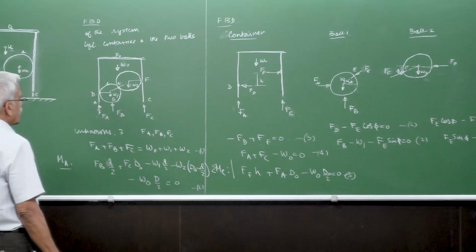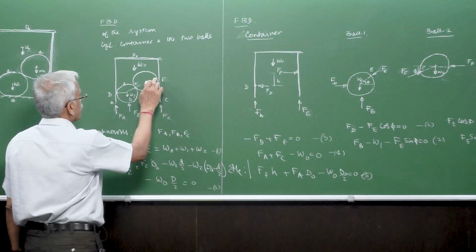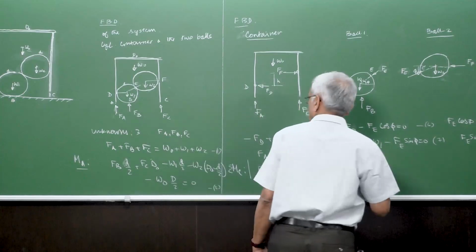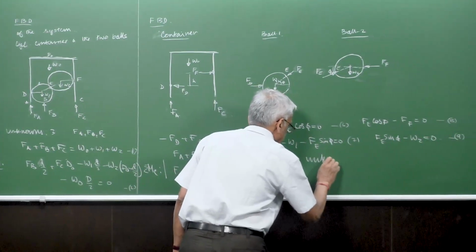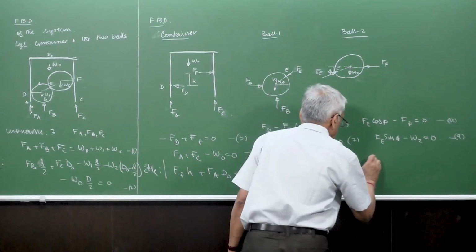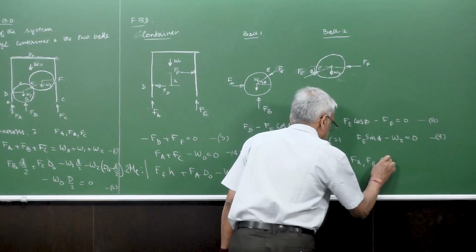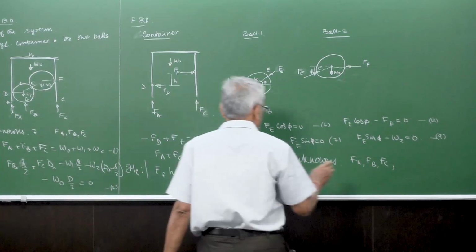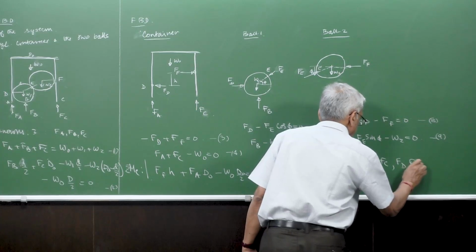The unknowns are 1, 2, 3, 4, 5, and 6. What are the unknowns? FA, FB, FC, and what else? FD, FE, FF.